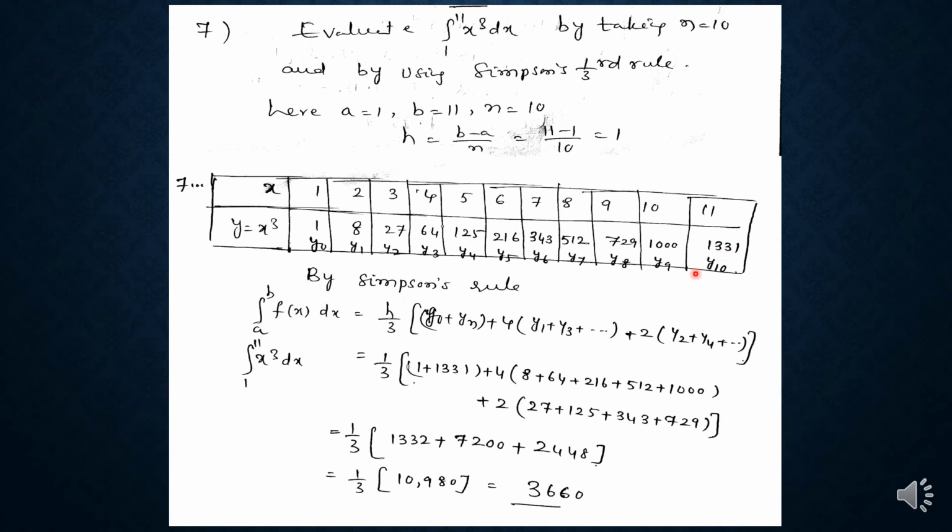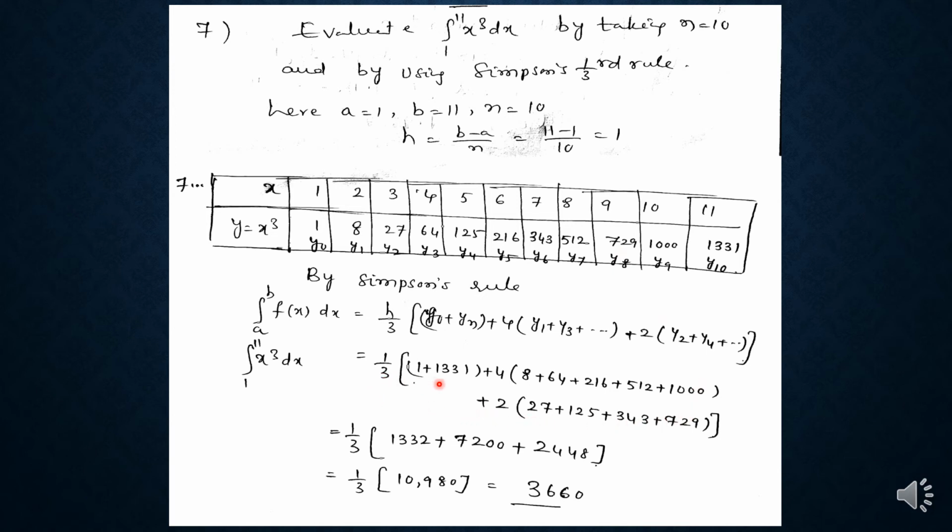We can write it like that: y0 plus y10, plus 4 into the sum of odd ordinates, that is y1 plus y3 plus y5 plus y7 plus y9, plus 2 into the sum of even ordinates, that is y2 plus y4 plus y6 plus y8. So these are the sum of the even ordinates.